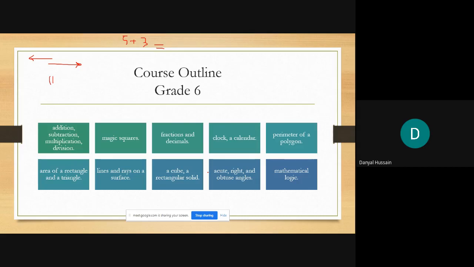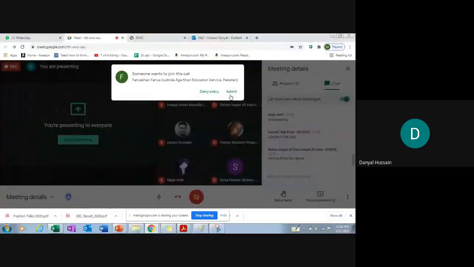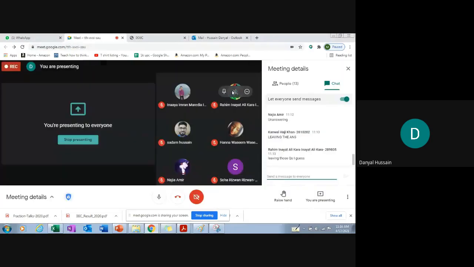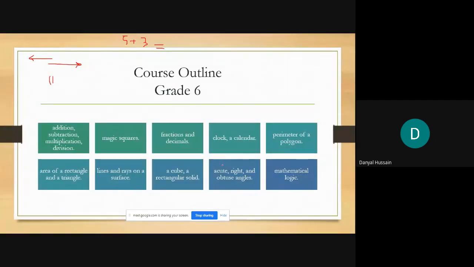You can download according to your class, and then start solving the questions. If you start solving, you will get the best idea of what kind of questions can come in the contest.